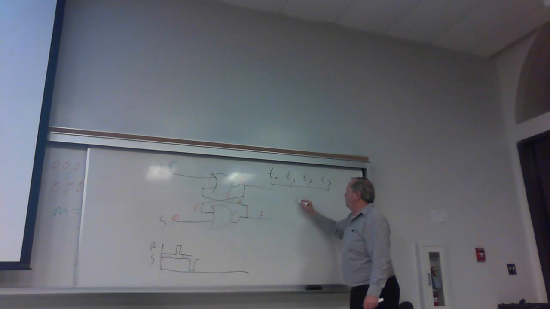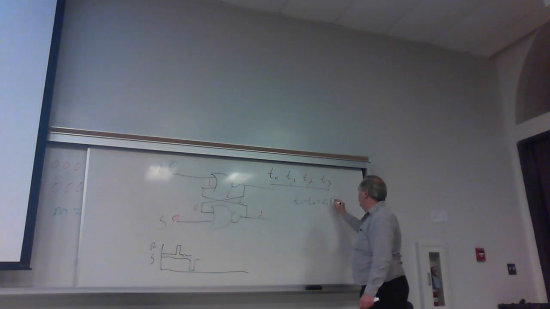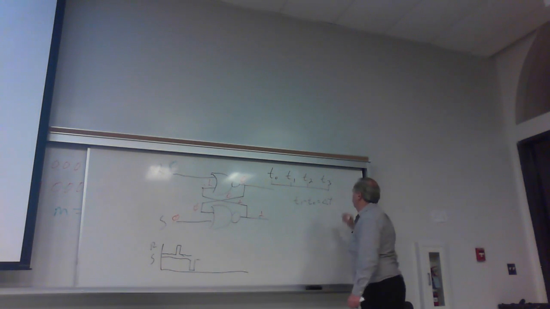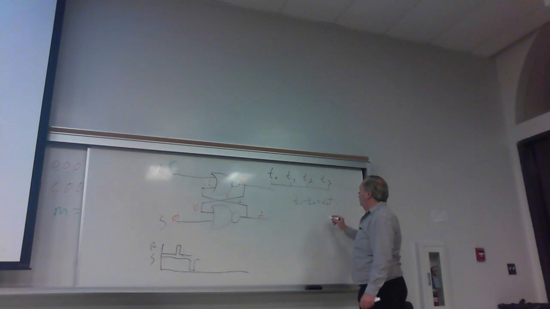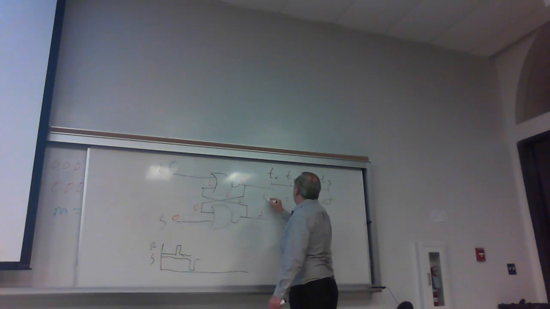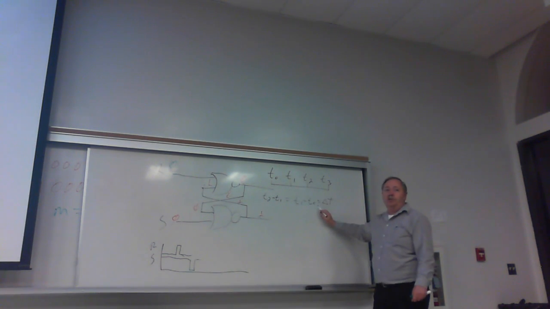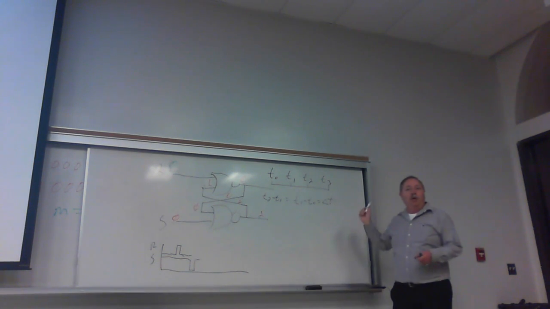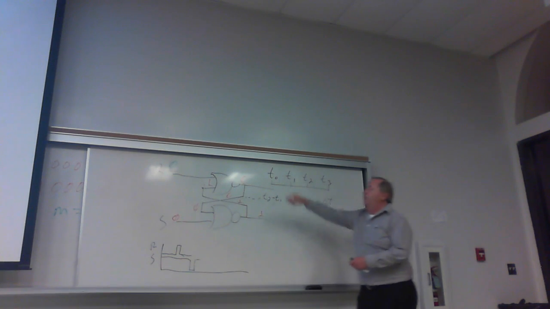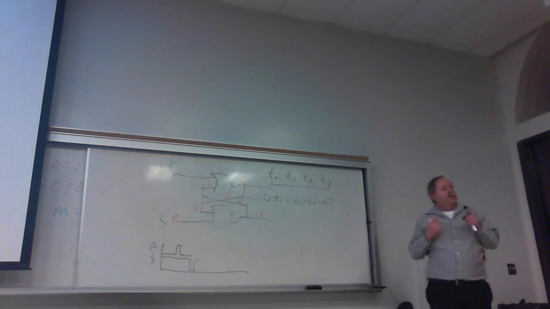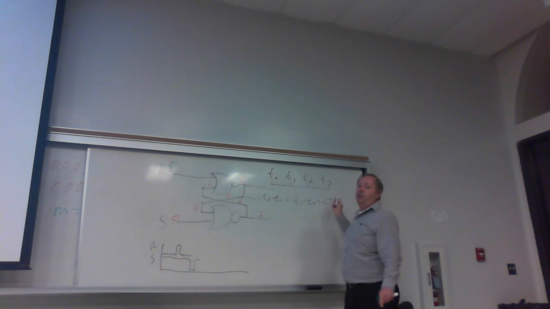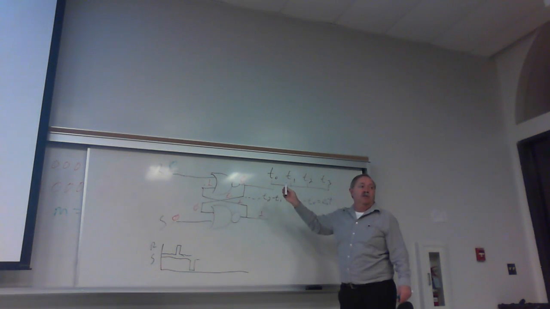So if I said T1 minus T0 equals delta T, then I would also say that T2 minus T1 is equal to T1 minus T0, which is equal to delta T. Okay, and of course I would just continue this on for all of my time intervals. That is, all of my delta T's, all my time intervals between each of these discrete time events, are equidistant from each other.